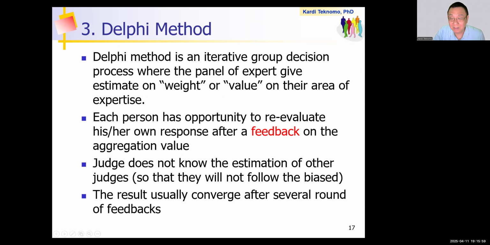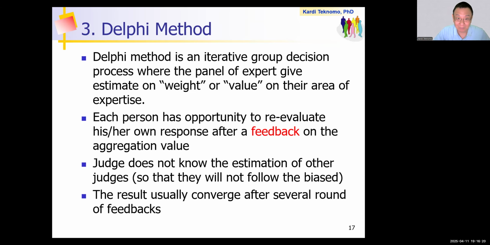This is an iterative group decision process, where a panel of experts gives an estimate of the weight or the value based on their area of expertise. We will try this in a moment.